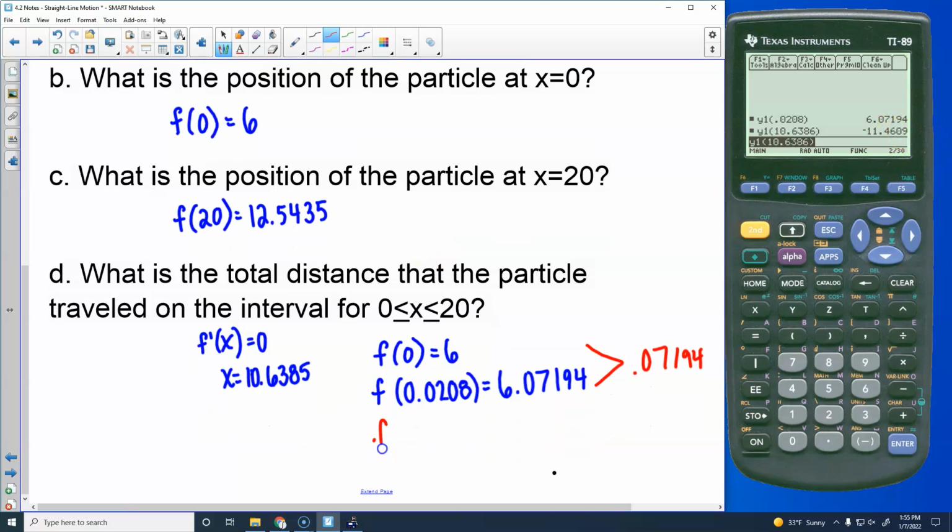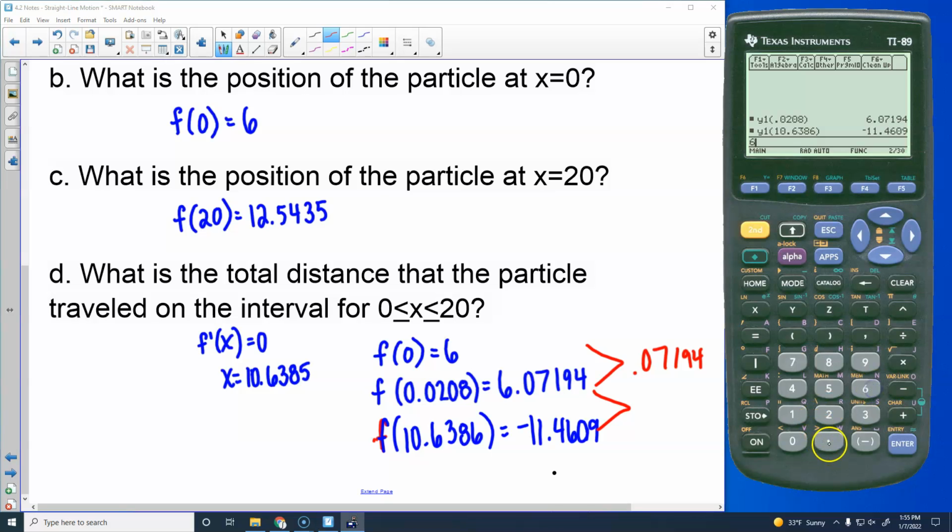So f of 10.6386 is negative 11.4609. So we need to think about how far the particle traveled this time. If we just subtract those two numbers, it'll give us our distance.